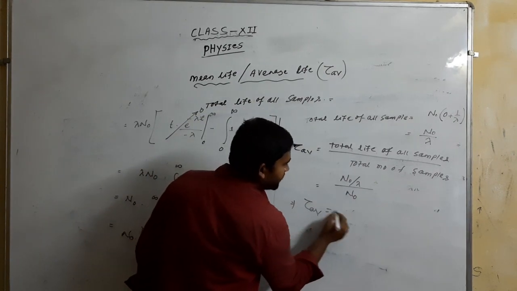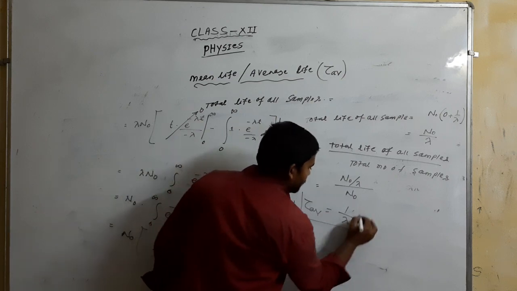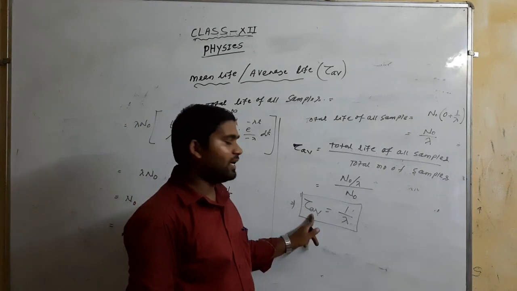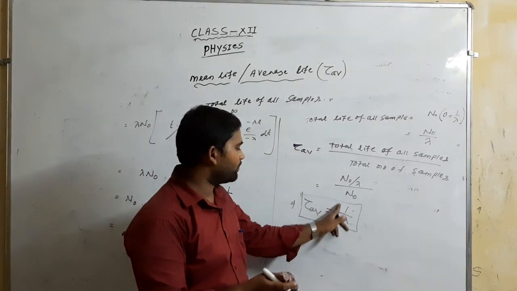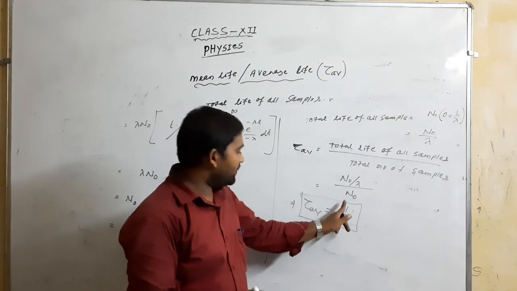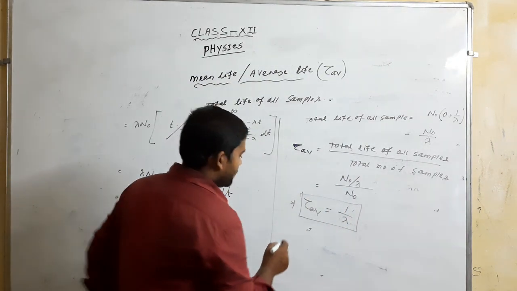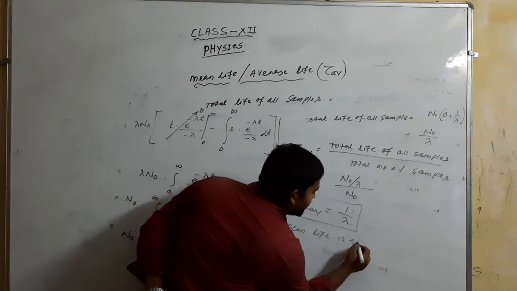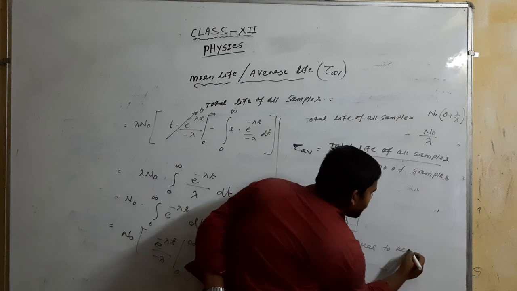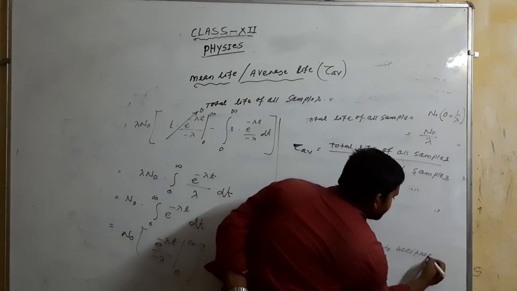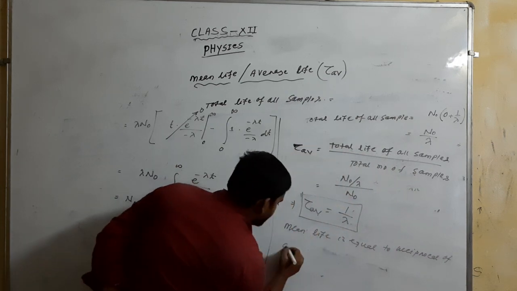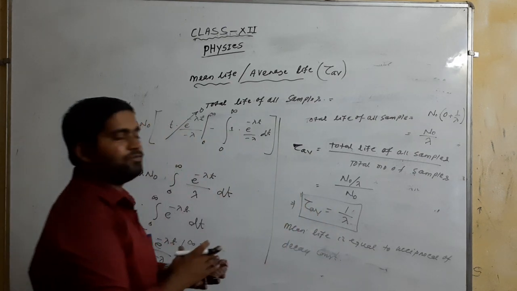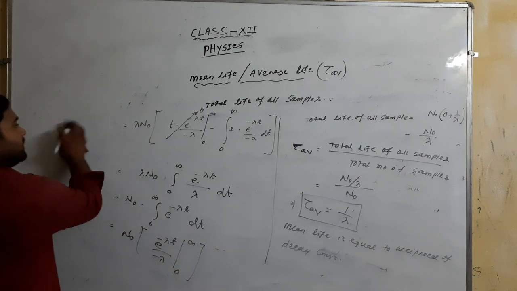So tau average equals, cancelling, 1 by lambda. That means the average life or mean life of a radioactive sample is equal to the reciprocal of the decay constant.